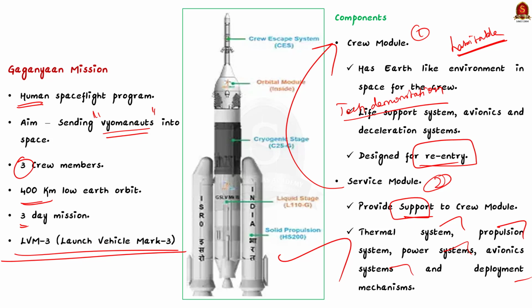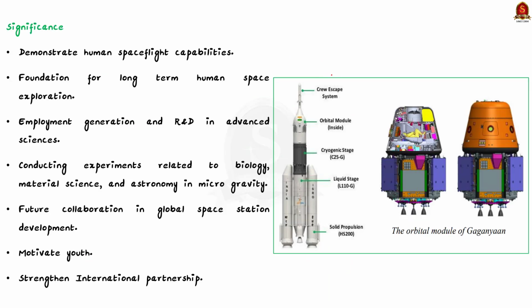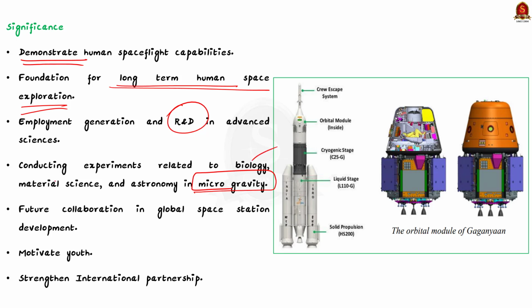Now let us see the significance of this mission. Firstly, it will demonstrate human spaceflight capabilities. This in turn will lay the foundation for a sustained Indian human space exploration program in the long run. Secondly, the mission will help in employment generation and human resource development in advanced science and R&D activities. Thirdly, in future missions, scientists can conduct experiments in microgravity to advance scientific knowledge in various fields, including biology, material science, and astronomy.